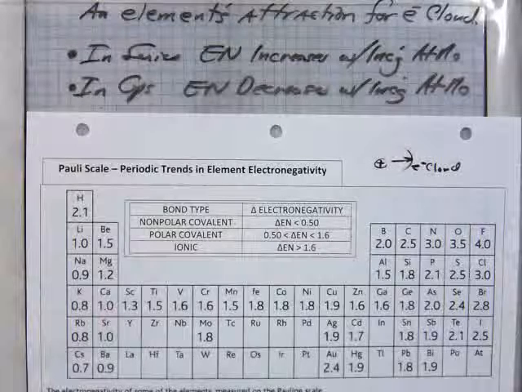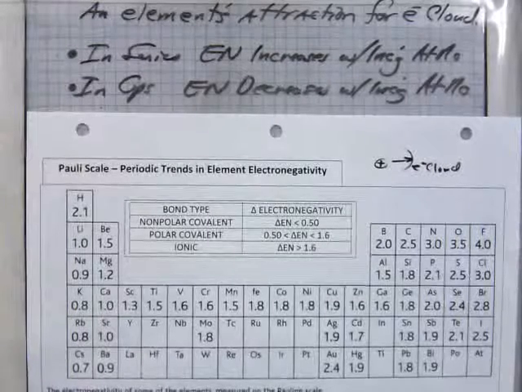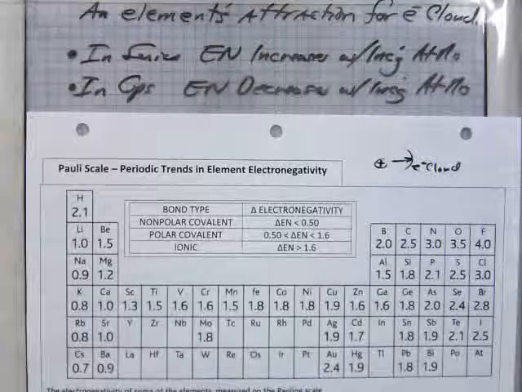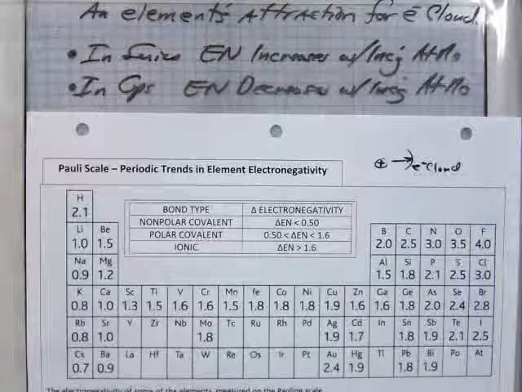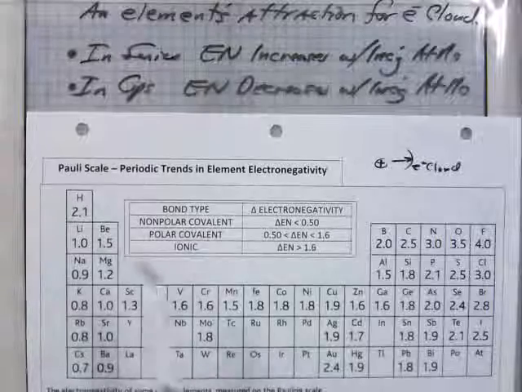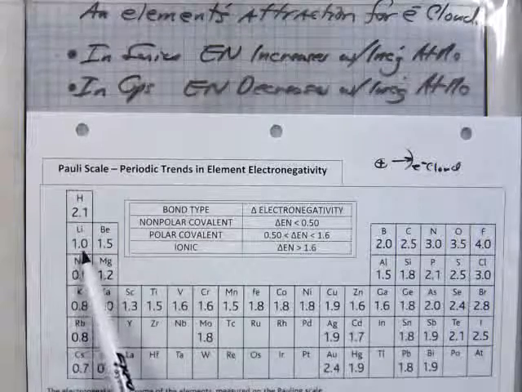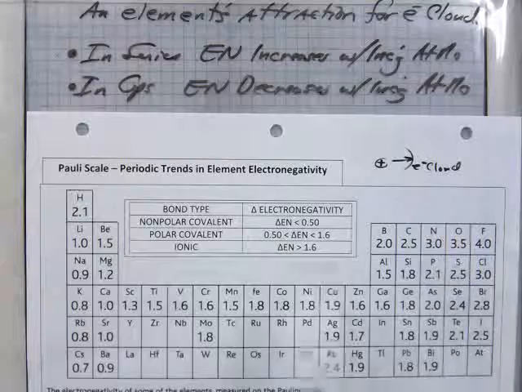So Linus Pauling came up with this table in terms of a number that more or less represents the attractive force associated with the nucleus against the electron cloud. And so you can see it starts with 1 on lithium, 1.5, 2, 2.5, 3, 3.5, 4, and so forth.